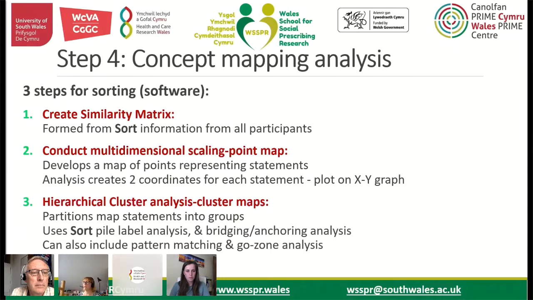The first is creating a similarity matrix, which is formed from the sort information from all the participants. If you recall how we grouped and sorted and labelled. The second is conducting the multidimensional scaling point map, which develops a map of points representing each statement. The analysis is created from 2 coordinates for each statement, plotted on an XY axis.